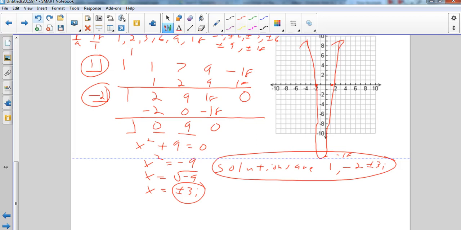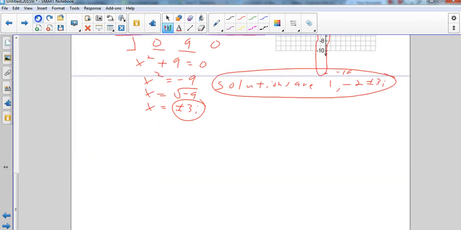But, like I said, I could have stopped when I had my numbers of 1, 2, 9, and 18. Because that would be x cubed plus 2x squared plus 9x plus 18. And if I look at factoring by grouping, remember, factoring is a possibility.